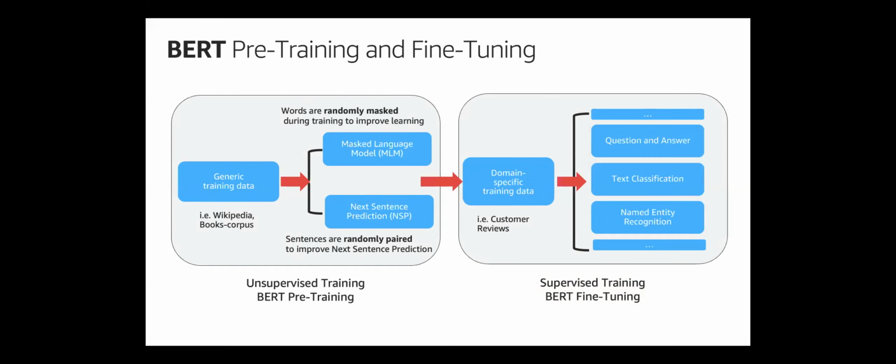All right, so here's a quick overview of those two steps. So the pre-training, when you're training BERT from scratch on a large generic training data set, which could be Wikipedia, books corpus, etc. And then in that phase, BERT applies two techniques. One is the masked language model, where it randomly masks input tokens to predict it and to build up this language model.